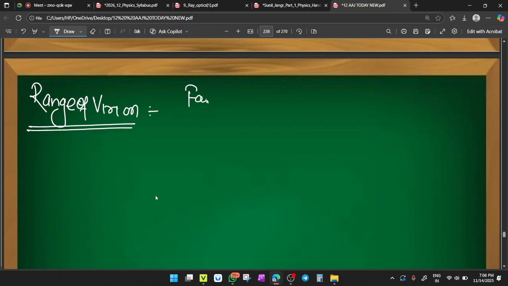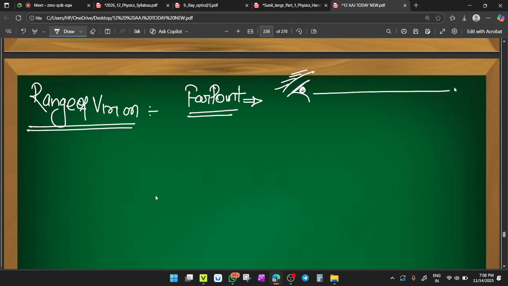First is the far point. It means a healthy eye can see as far as possible. A healthy eye can see up to infinite distance. So the far point is said to be infinite.